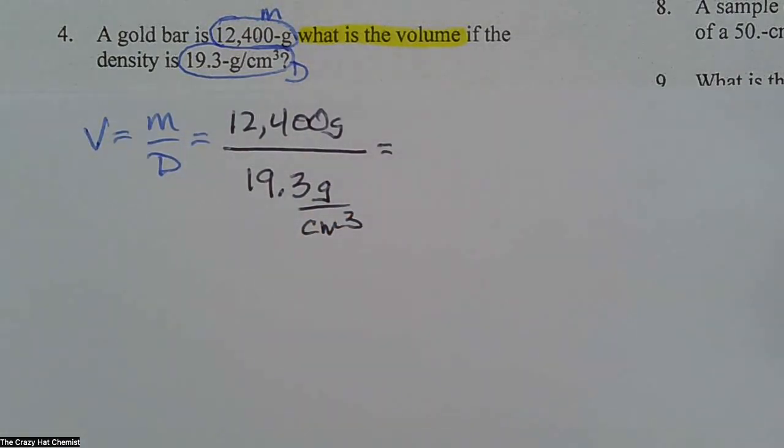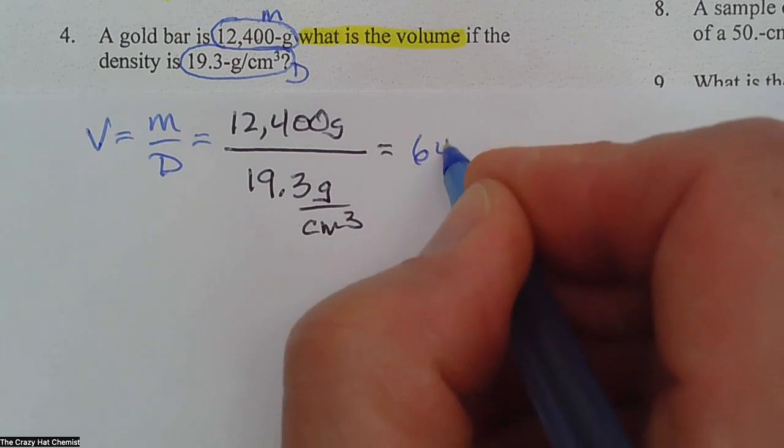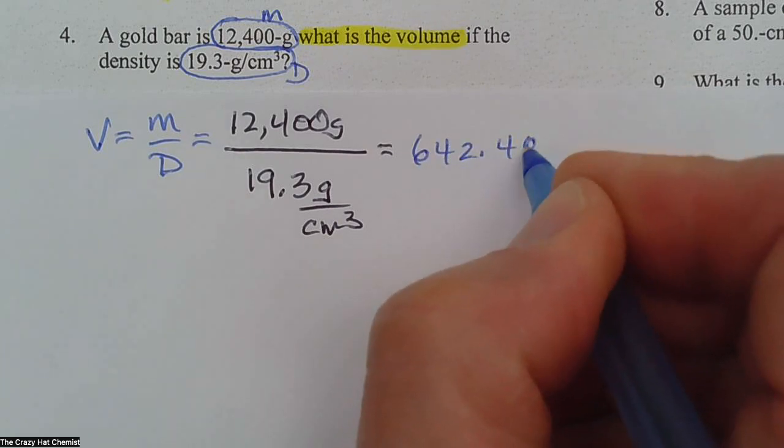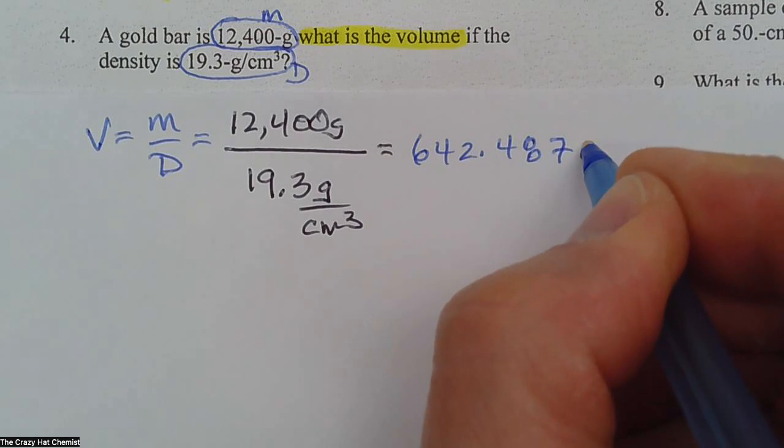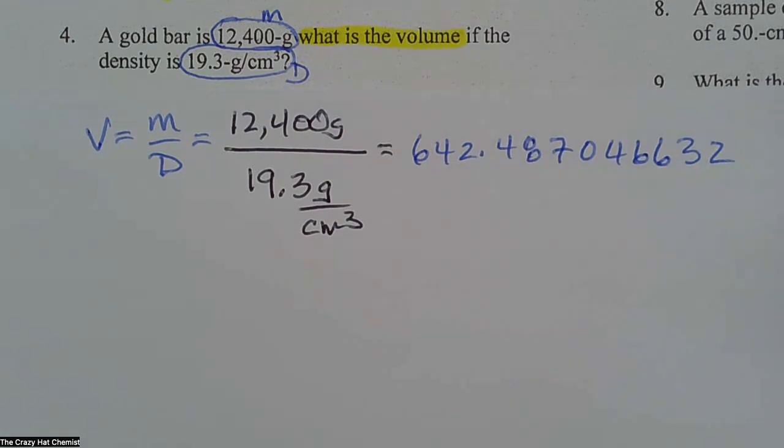All right, so what we're going to do is we're going to plug these into our calculator. That's 12,400 divided by 19.3, and I am going to get a number 642.4870,46632.